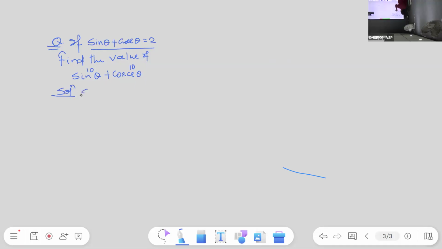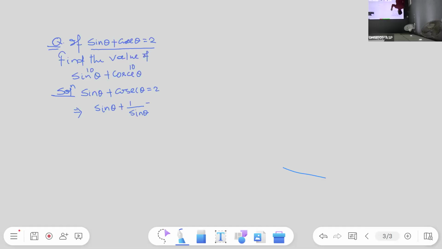Sin theta plus cosec theta. Cosec theta is equal to 1 upon sin theta.